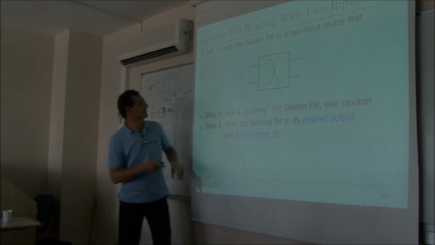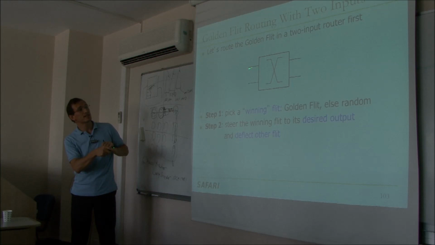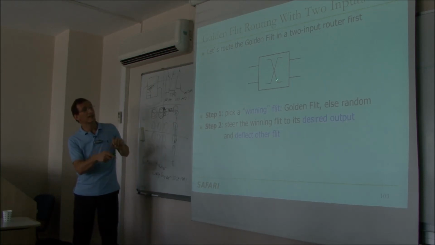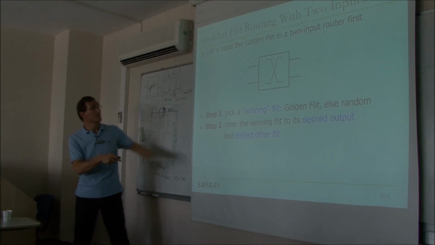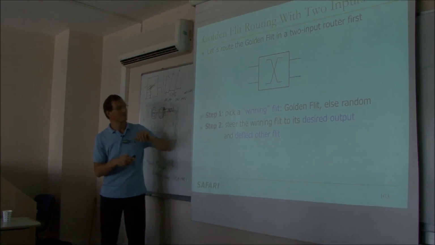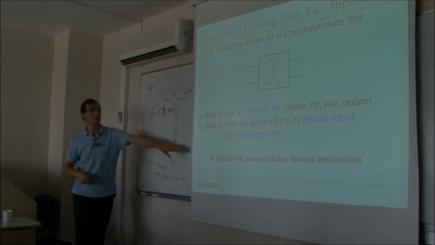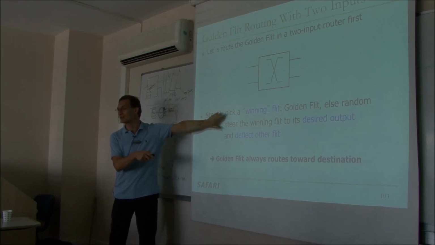Basically, you pick a winning flit. If there's a golden flit, 1 bit, you check, then that's the winning flit. Otherwise, you randomly pick one of the input ports. And you steer the winning flit to its desired output and deflect the other flit. Now a golden flit always routes towards its destination because you always prioritize it. It's always a winning flit if it exists.